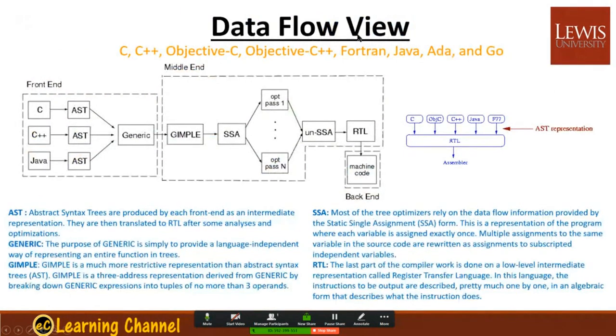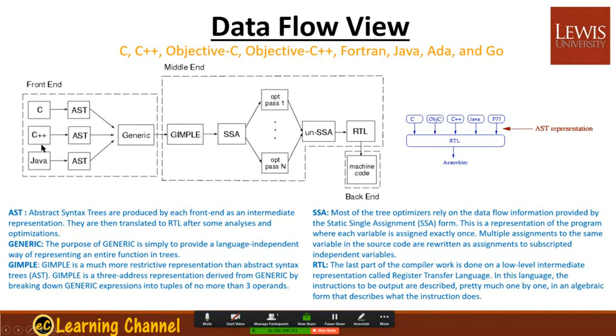This is the data flow view of the compiler. You may have different languages, and all of those languages generate different abstract syntax trees, AST, which are just tree structures, and those are fed into the generic stage.